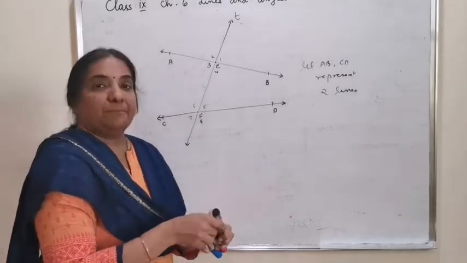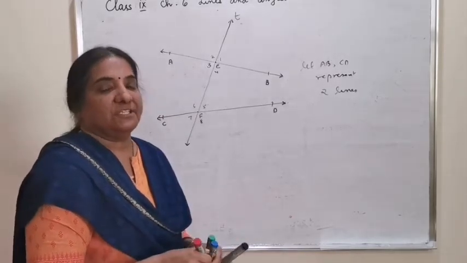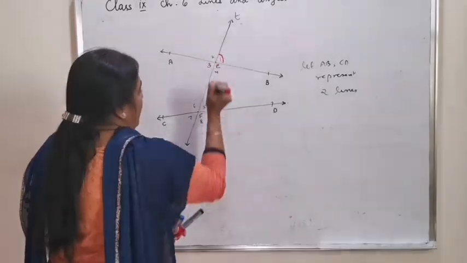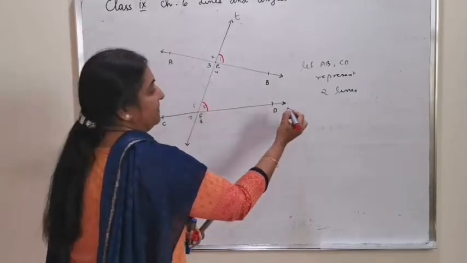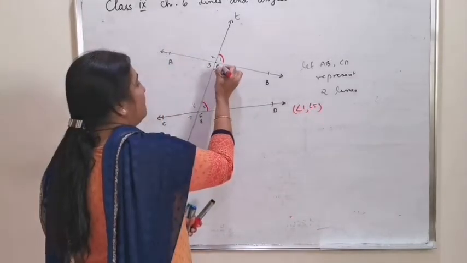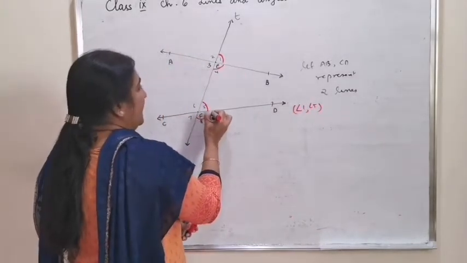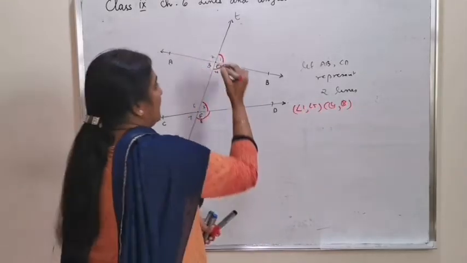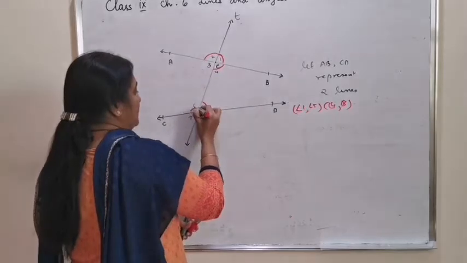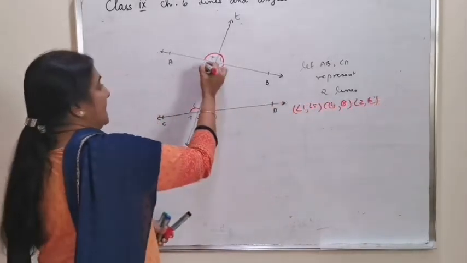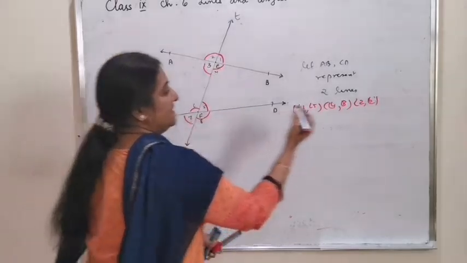The pairs of angles formed here are angle 1 and angle 5, the pair angle 4 and angle 8, angle 2 and angle 6, and angle 3 and angle 7.